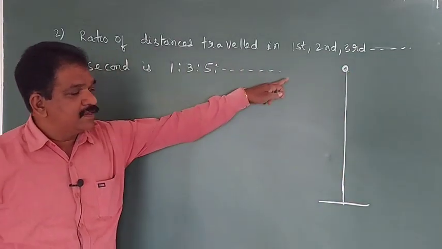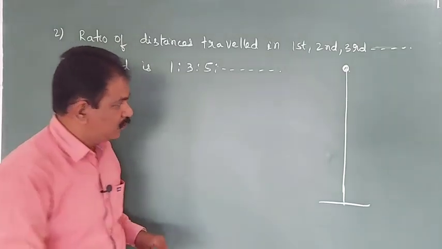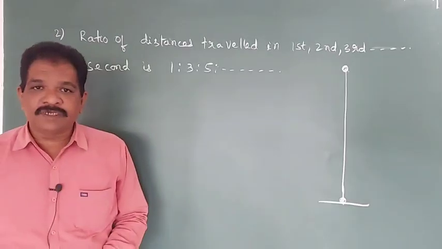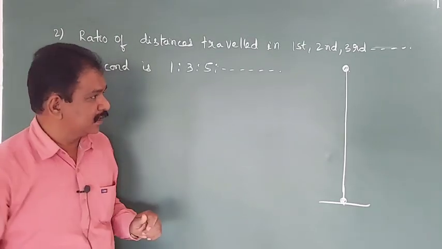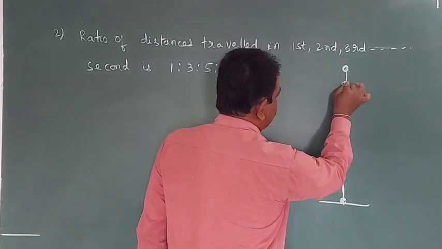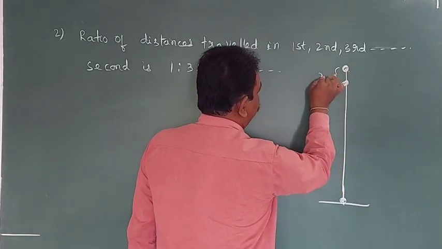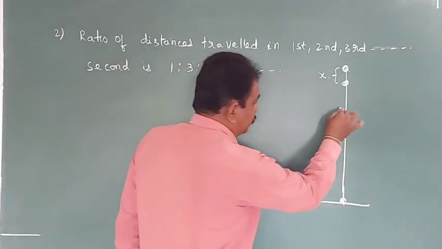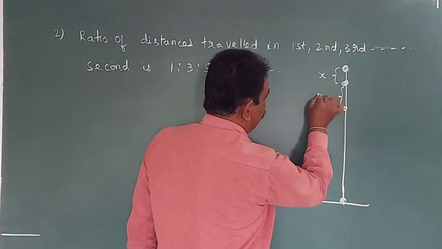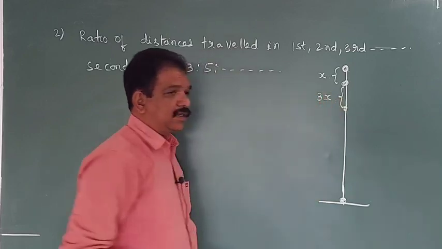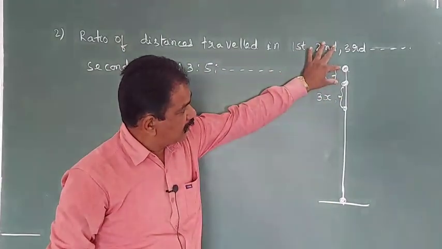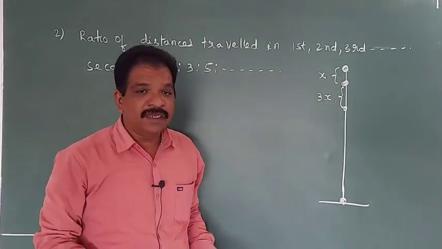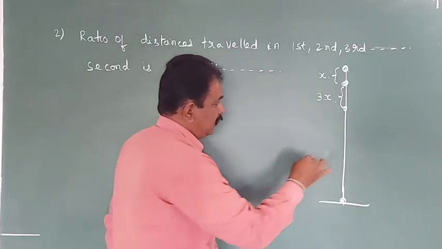For example, it is taking 5 seconds to reach the ground. In the first second, if it travels a distance x, in the second second it will travel a distance 3x.